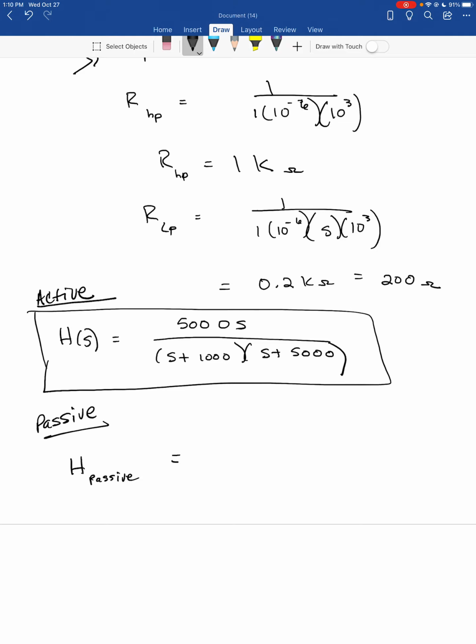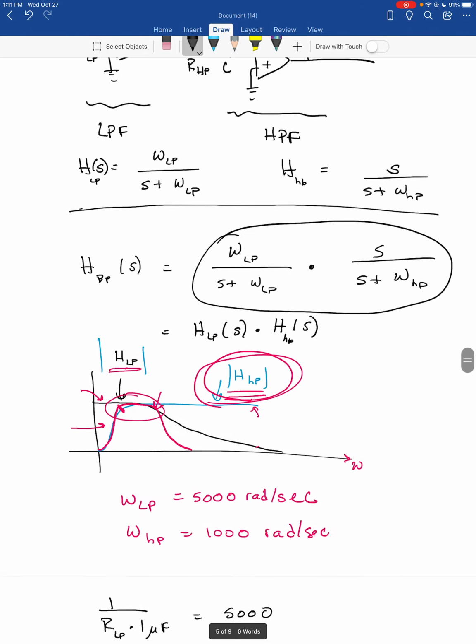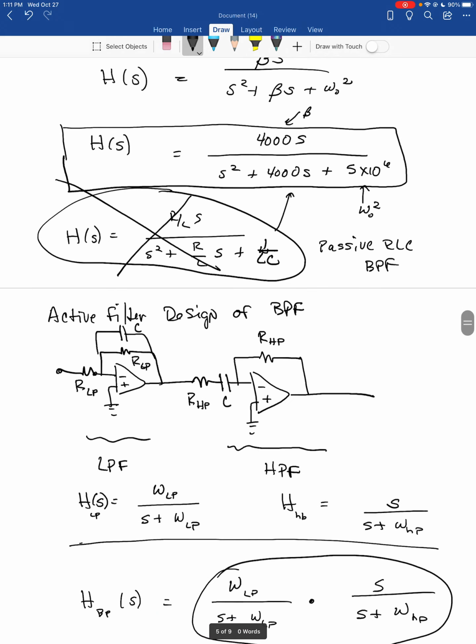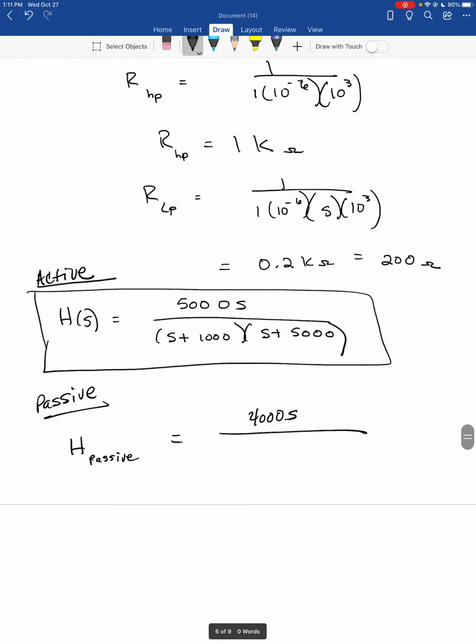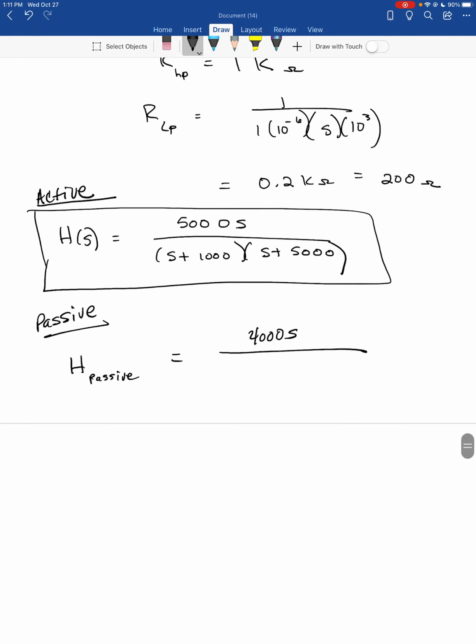The passive transfer function was beta s, so it was 4,000 s, and then it was s squared plus 4,000 s plus 5 times 10 to the 6. So notice that these are not the same.